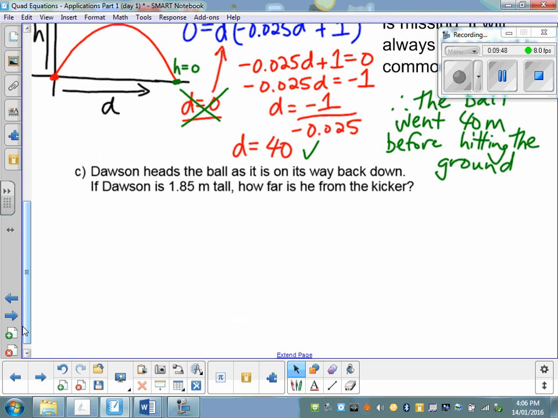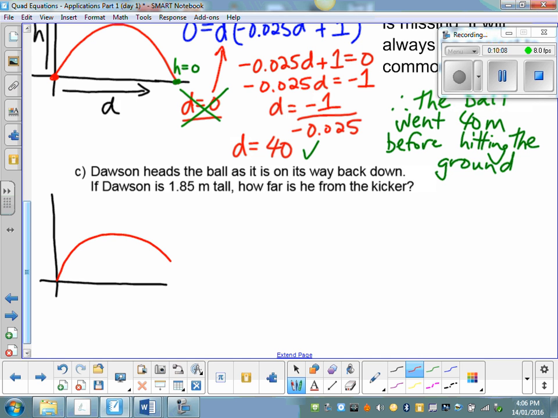And then the last part, Dawson heads the ball as it's on its way back down. If Dawson is 1.85 meters tall, how far is he from the kicker? So let's think about what that looks like on the graph. So it's the same parabola. There's our parabola. Okay.